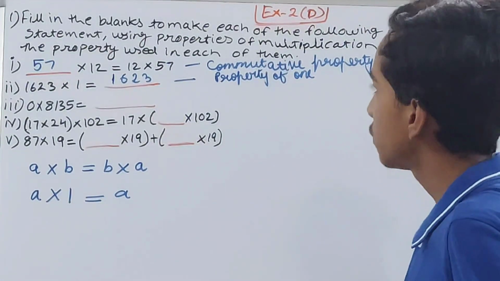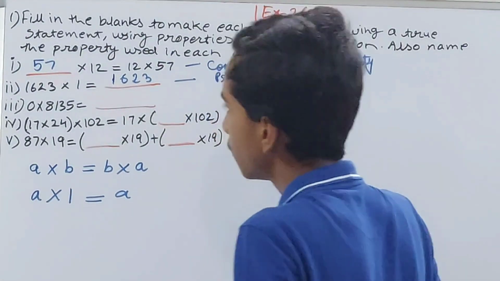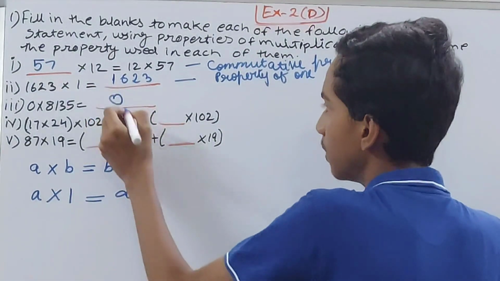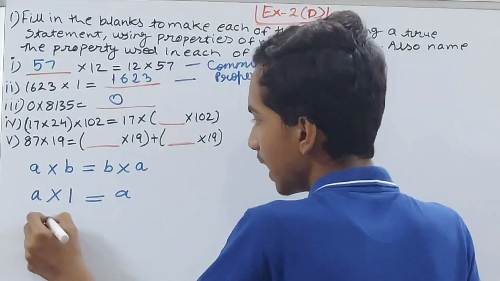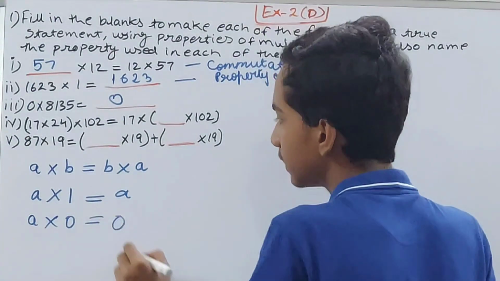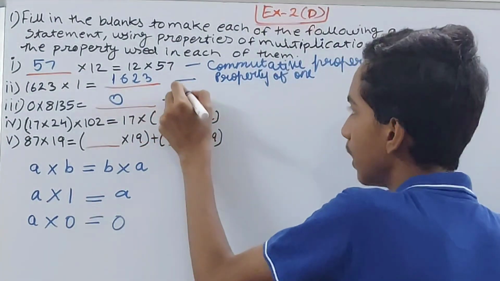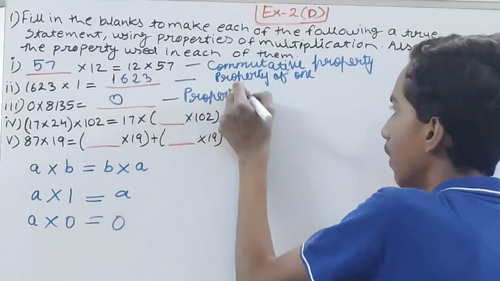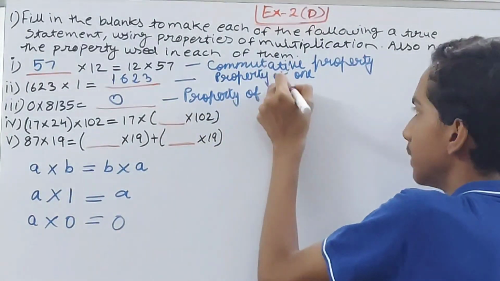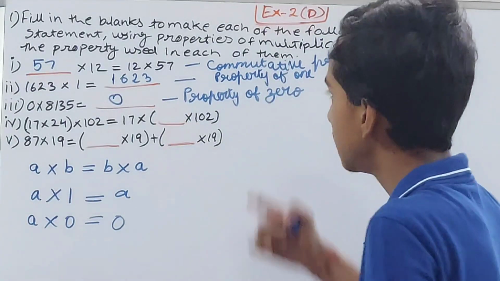Then see the next one, 0 into 8125 will be 0. And this is a very simple property, right? You multiply any number by 0, you get 0 as the answer. This is called the property of 0.